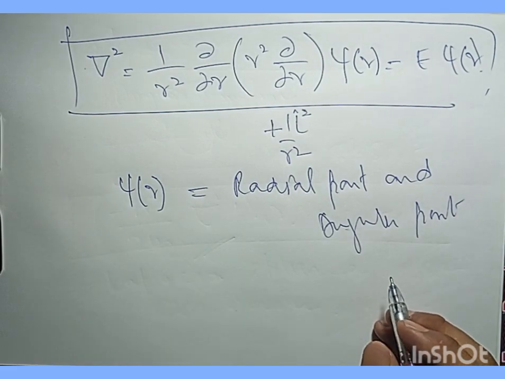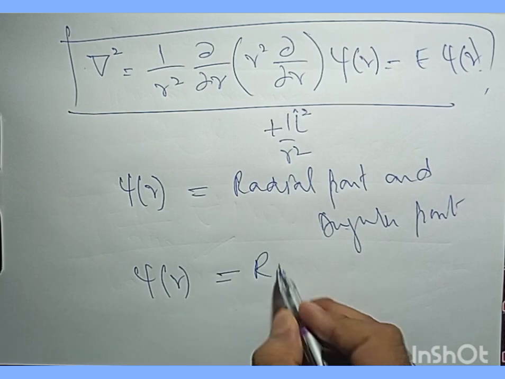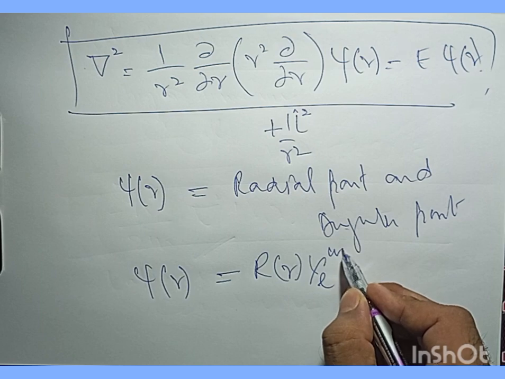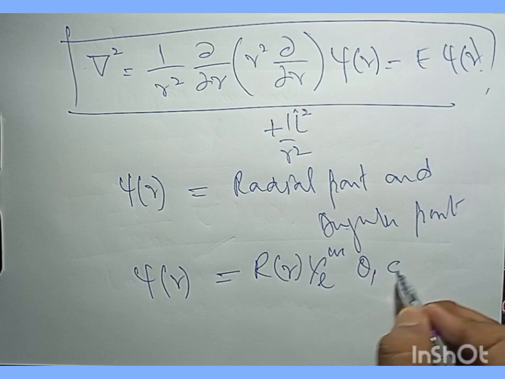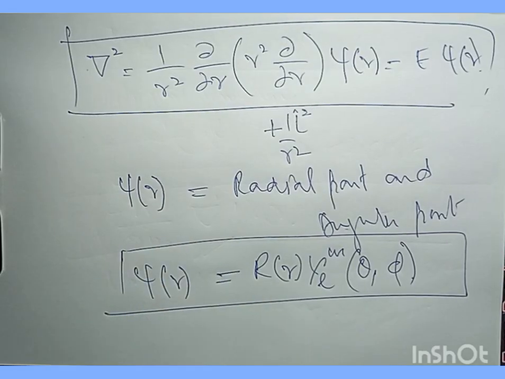So psi of r is basically R of r times Y, L, M, of theta and phi. Everybody is aware of it.